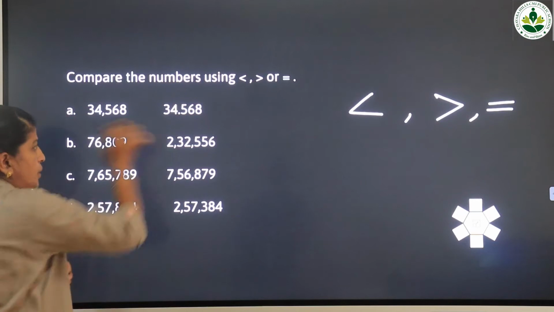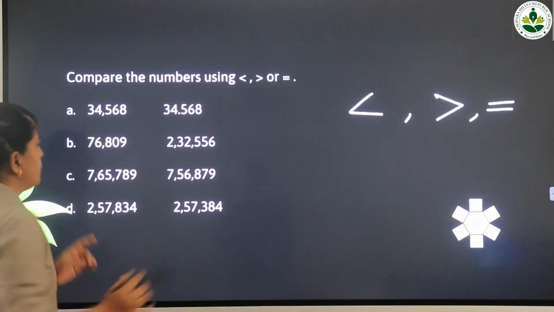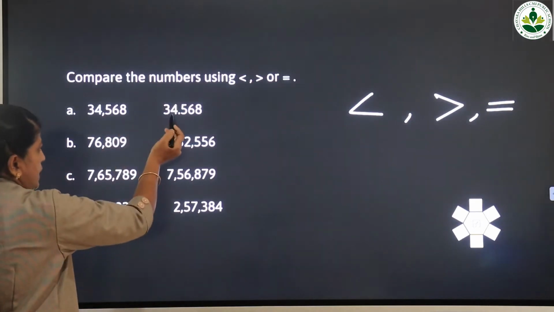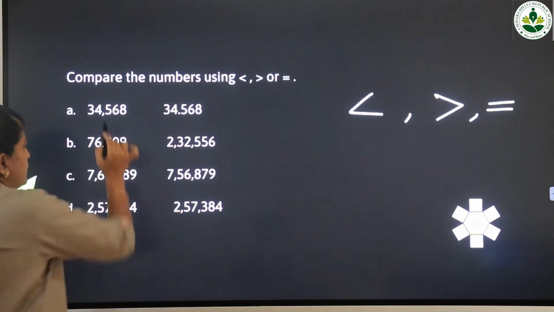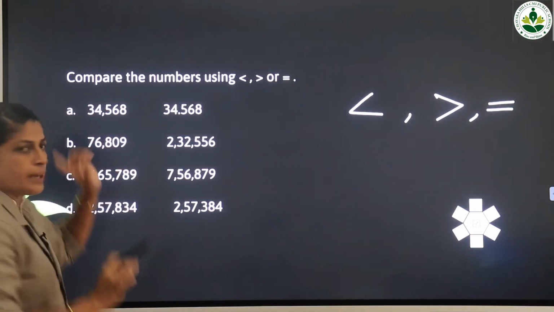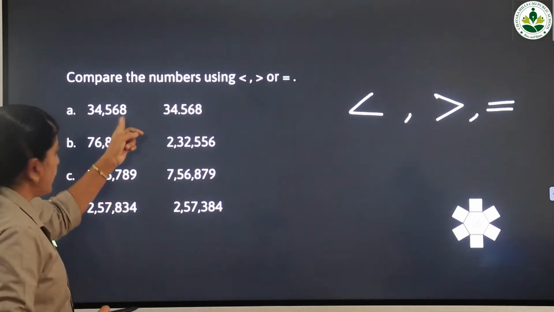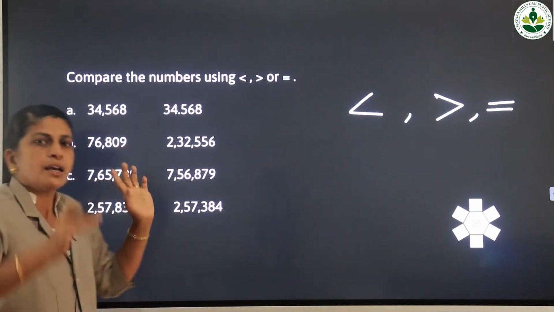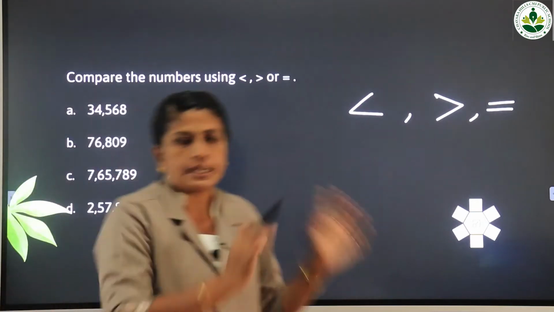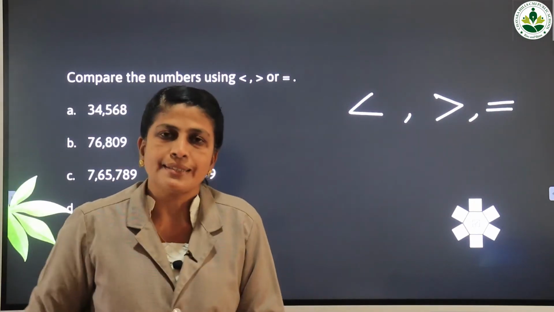In the second number also, the digit is 3. Then the second digit is 4, this number also 4. Then the third digit is 5 in both the numbers. The fourth digit is 6 in both the numbers, and the last digit is the same in both. In this first set of numbers, all the digits are the same.